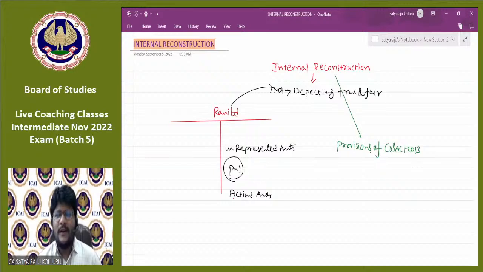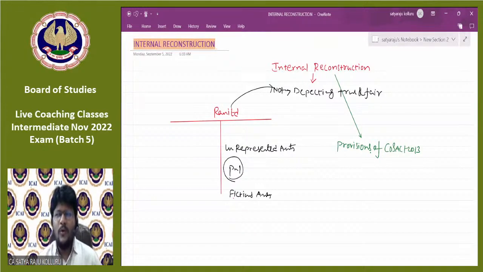Most of the time, entities are willing to go for external reconstruction itself, because in case of internal reconstruction, a lot of formalities need to be completed. We will check all such formalities in today's session. Then you can easily understand why companies generally are not willing to go for internal reconstruction.